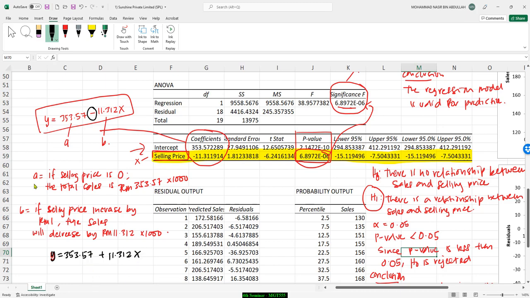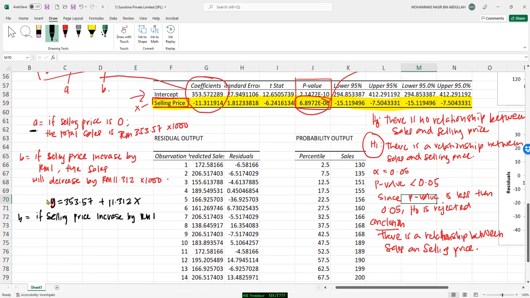So explanation A is still the same, but for B, if selling price increases by RM1, the sales will increase by RM11.312 multiplied with 1000, right?